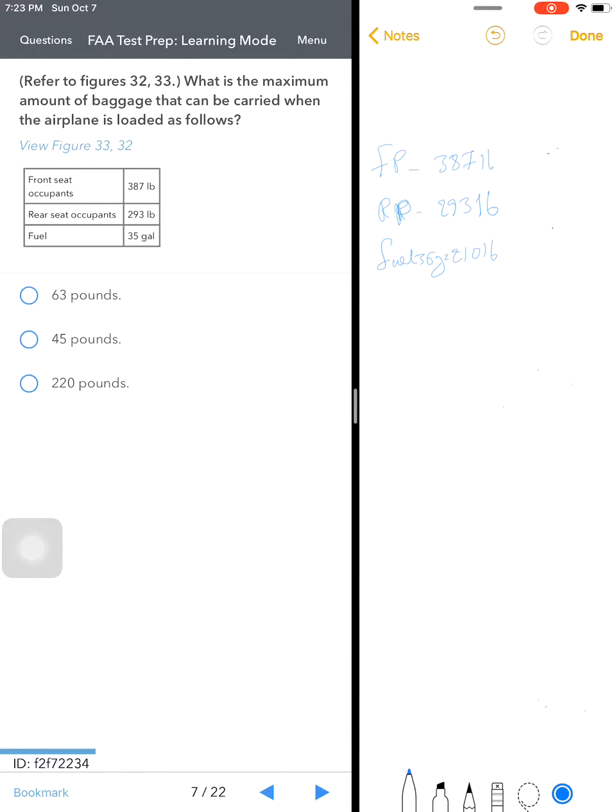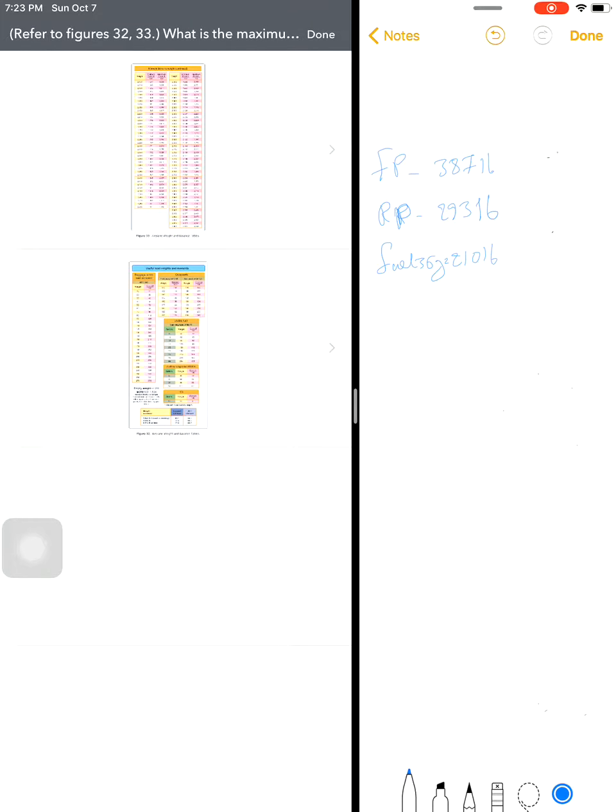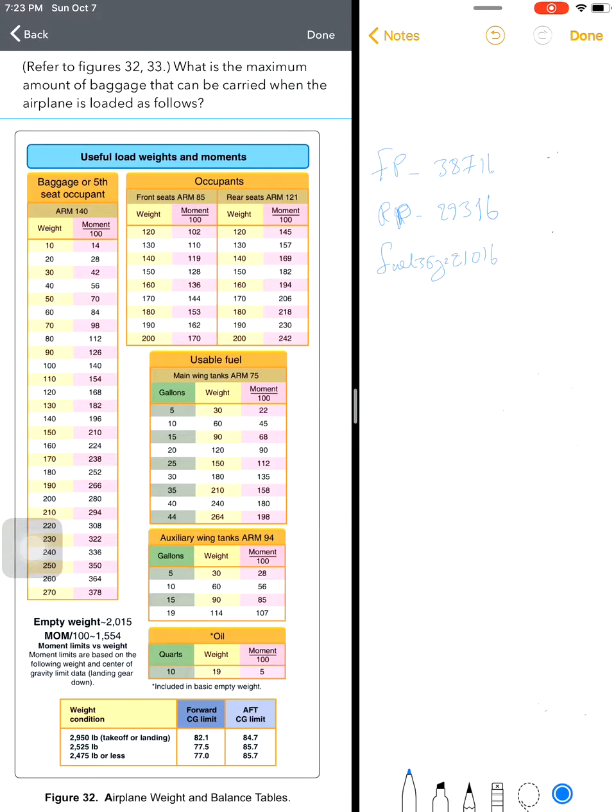So it says, what is the maximum amount of baggage that can be carried when the airplane is loaded as follows? So how much baggage? How many pounds? So first of all, we can go here. We can go to this table of contents. We can find our empty weight of the aircraft, 2015.